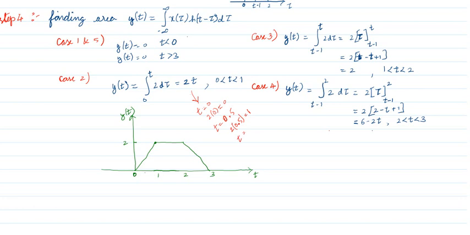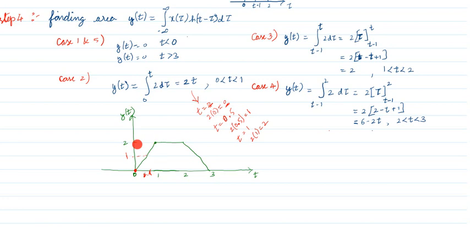Then t as 1, you will get 2. Okay, that's what we have done here. At t equal to 0 it is 0, at 0.5 it is 1, at 1 it is 2.